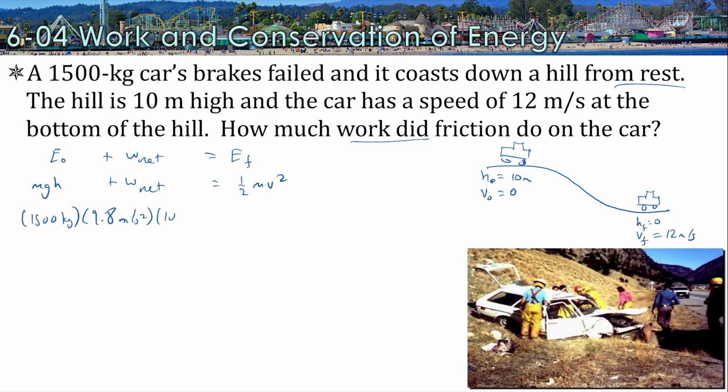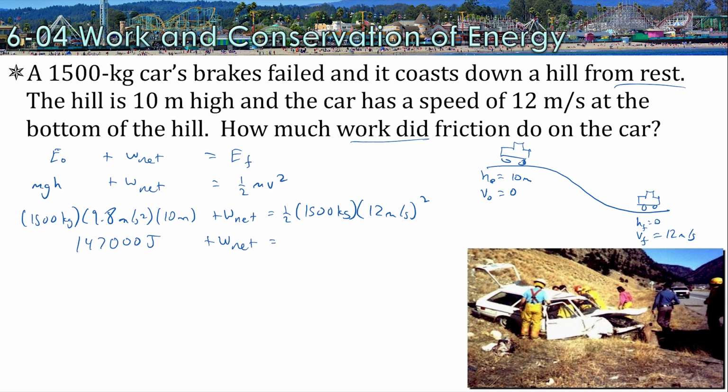Height is 10 meters. M is 1,500 kilograms. And final velocity is 12 meters per second. Okay. So this side I have 147,000 joules.